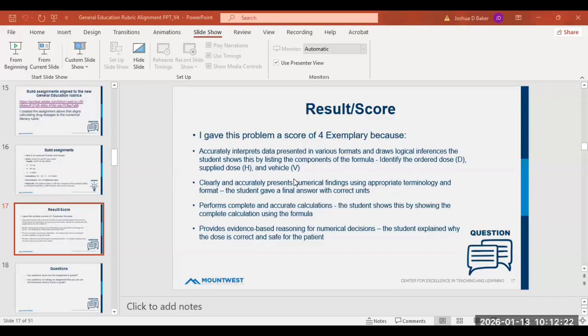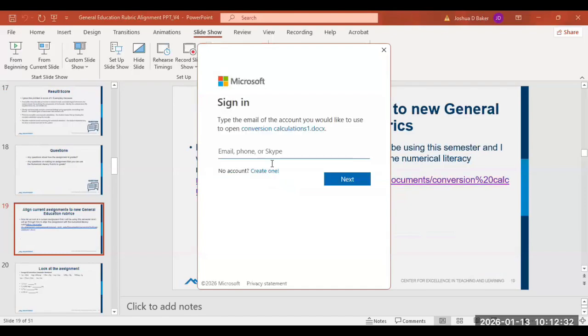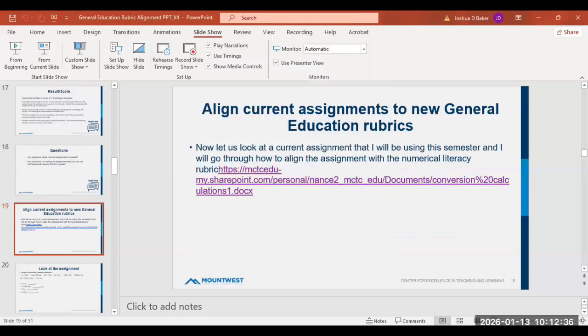Here's an assignment that I have. Oh, Lord. Let's try it this way first. Let me get out of the presentation mode. Uh-oh. Okay, let's just pull it up from the... I don't want it to do it that way.